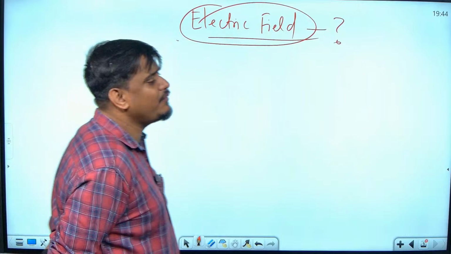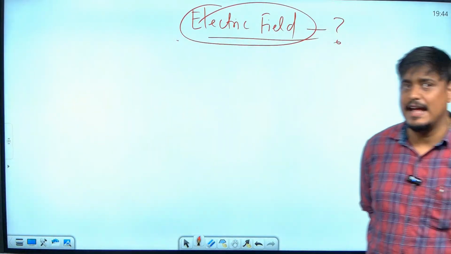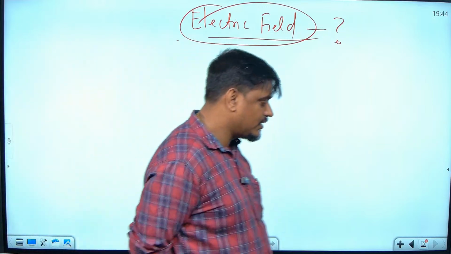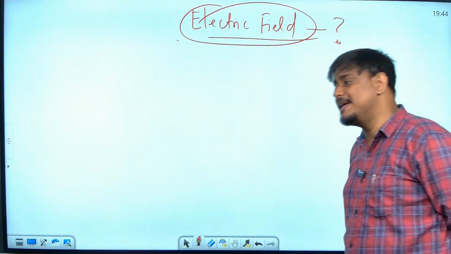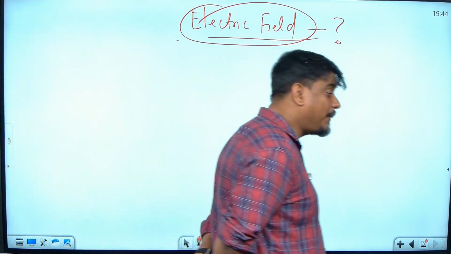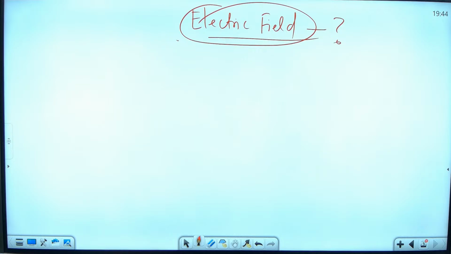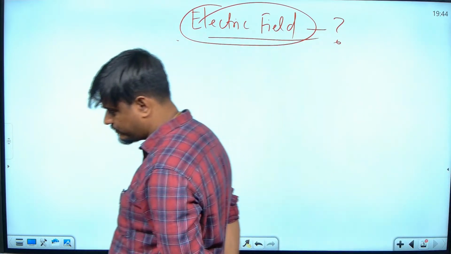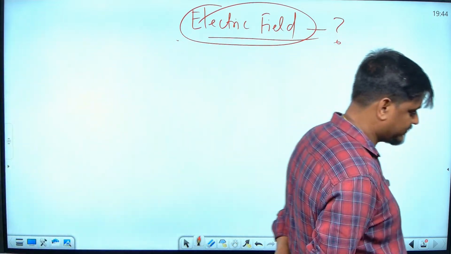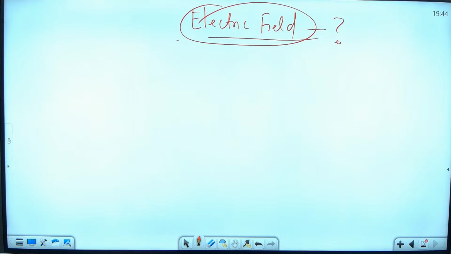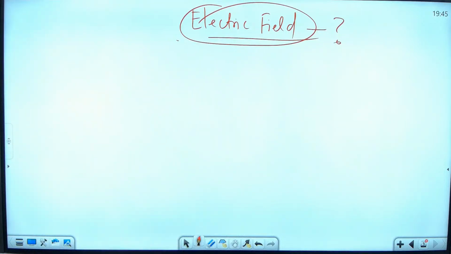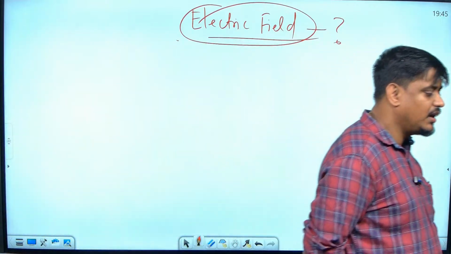Write that electric field is defined as force experienced per unit charge when it is kept in the vicinity of a given charge.